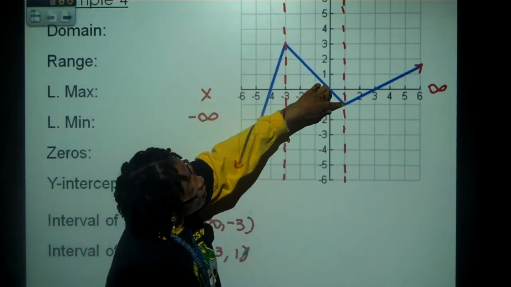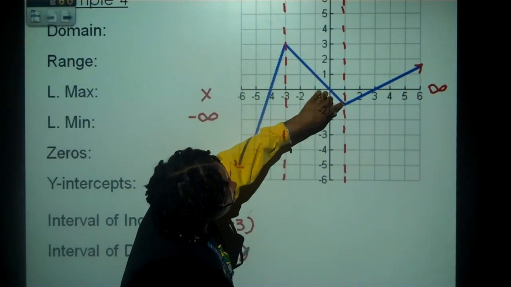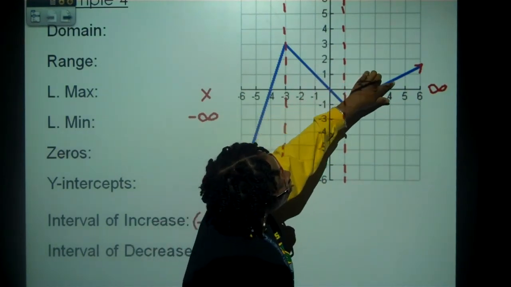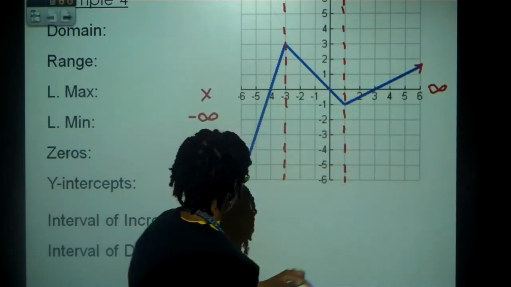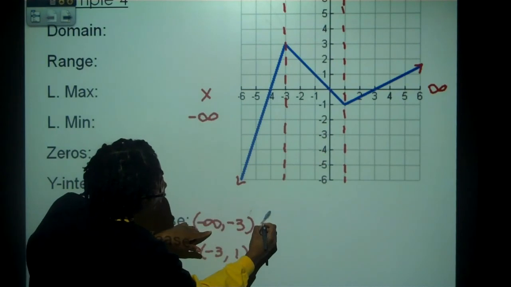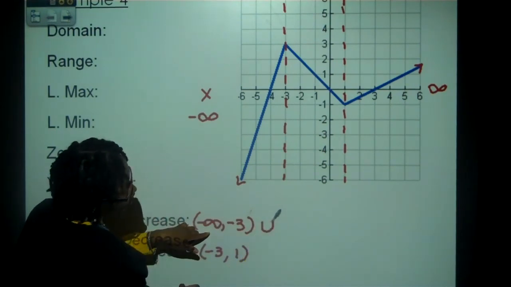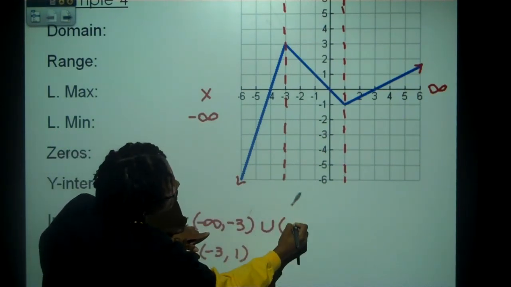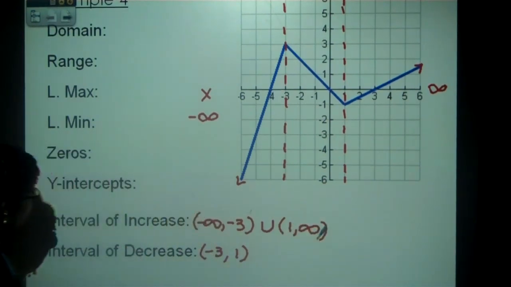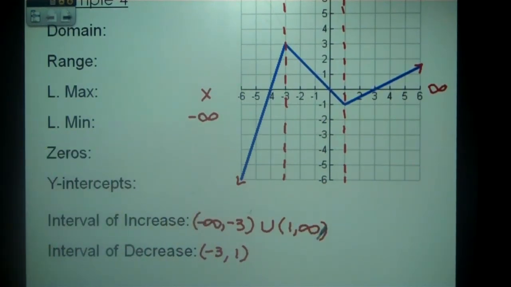Then it changed direction again, and it decided to increase again. It increases from positive 1 till positive infinity. This is going to be two intervals of increase, so we're going to use a union symbol, and it's going to increase from positive 1 to positive infinity. Those are just several characteristics of functions.